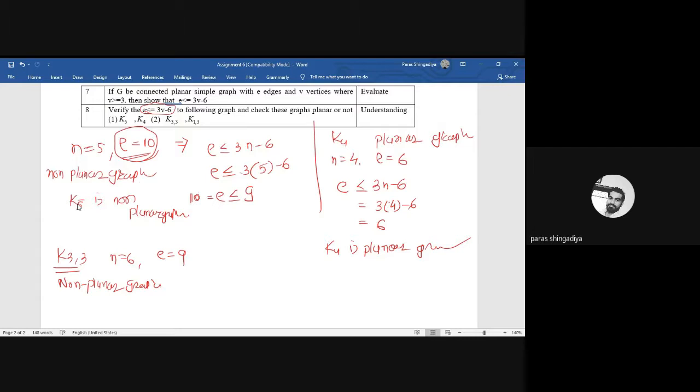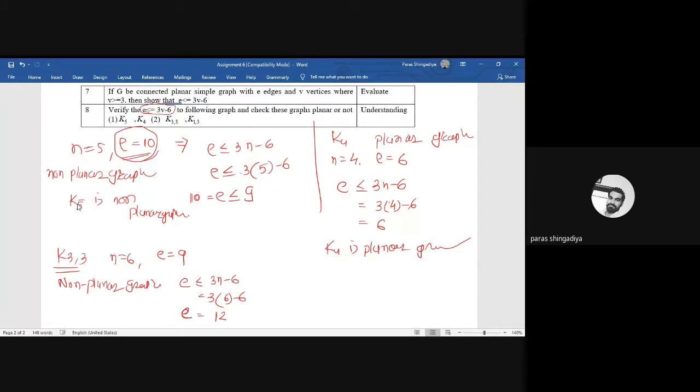Let's check the edges by using the formula. Edges less than or equal to 3n minus 6. That is, we have 3 of 6 minus 6, that is 18 minus 6, and 18 minus 6 is equal to 12. So here we get 12 as the answer. And how many edges are there in this K33? That is 9 edges.